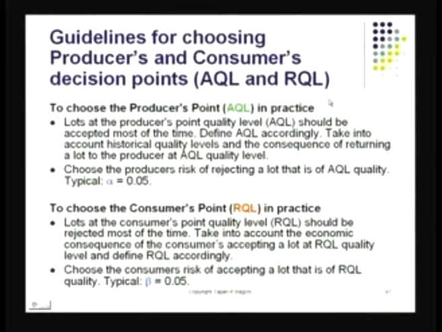The producer, on the other hand, also knows that AQL is a quality level that is acceptable to the consumer, the user. Therefore, what the producer would like to make sure is that any lot submitted at AQL level of overall quality is accepted by the customer. Now the decision to accept or reject the lot is based on the sampling plan that I have in the single sampling case.